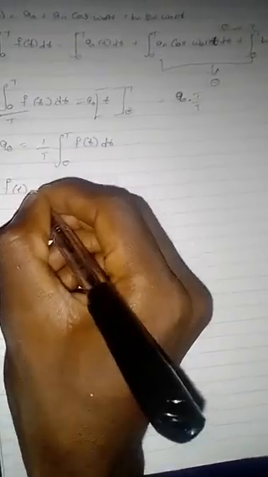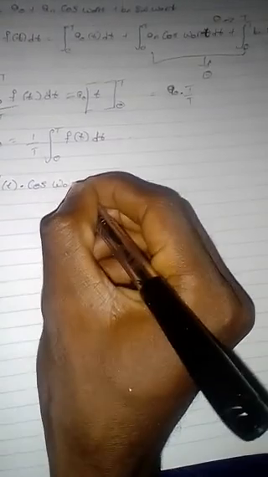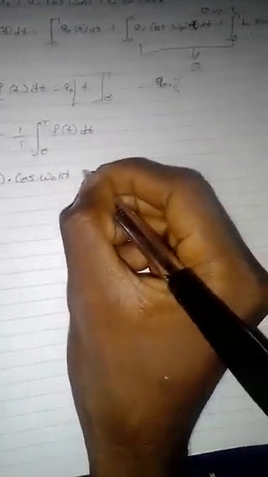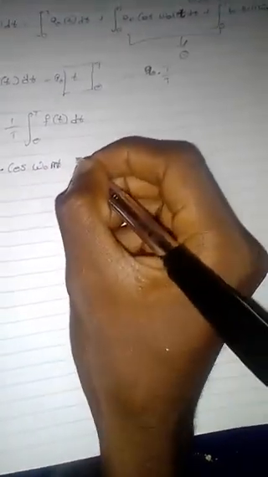So multiplying through with cos omega naught nt, we are going to have our f of t dot cos omega naught nt. Okay, sorry. Let's multiply through with cos omega nt. But for this kind of condition, our m will be equal to n. Are you getting what I'm saying now?